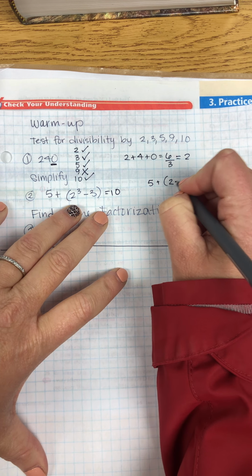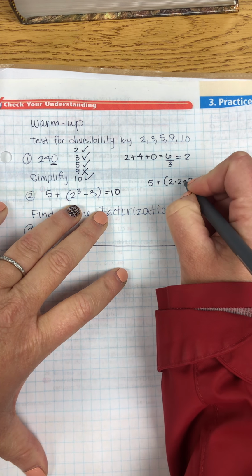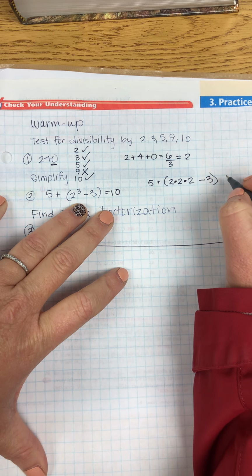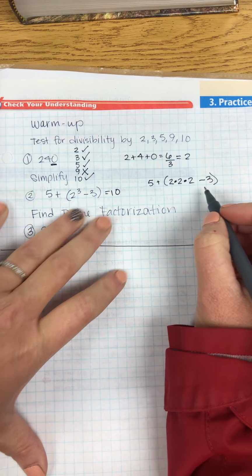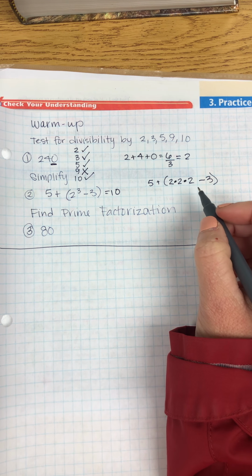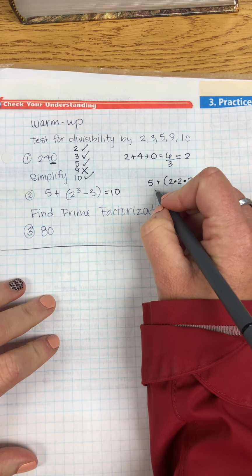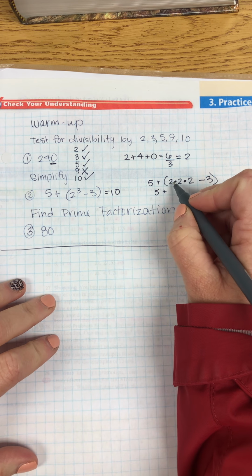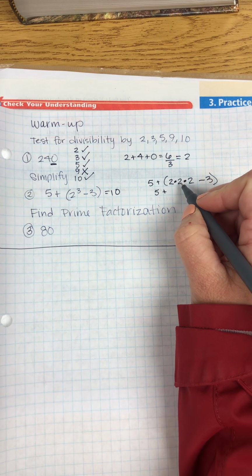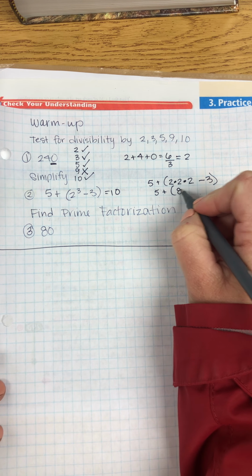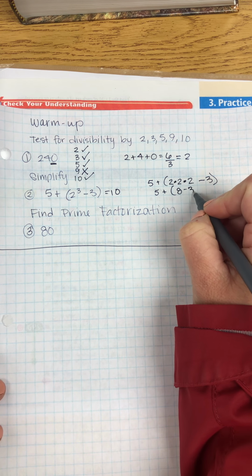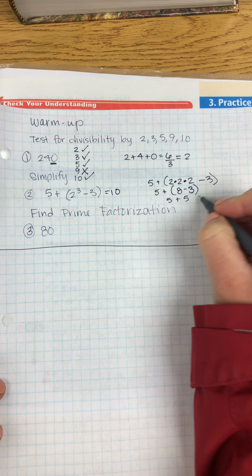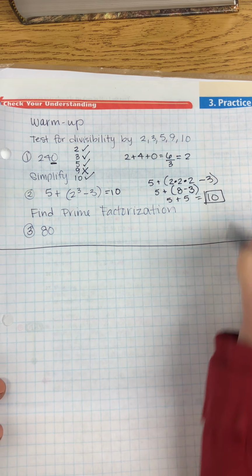No. 2 times 2 times 2, 3 times. Couldn't it be 2 3s as well? No. It has to be that number that many times. So we have 5 plus, and when we multiply 2 times 2, we get 4, and 4 times 2 is 8, minus 3. So when we simplify, we have 5 plus 5, which is 10.